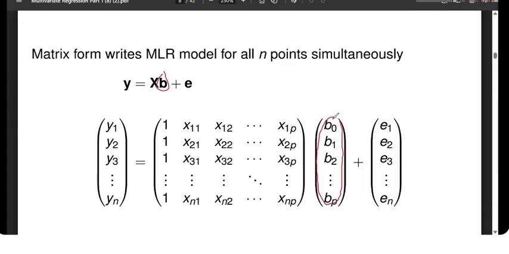That is what I want to estimate, beta naught to beta p. But if I want to estimate beta naught to beta p, I have to do that in a way that minimizes the error. What is the error? The error is going to be y minus xb, right?